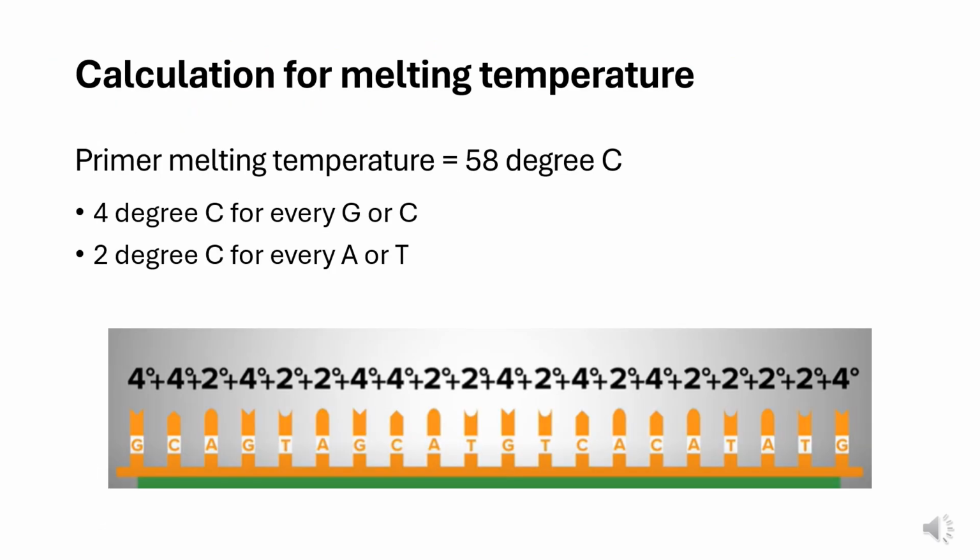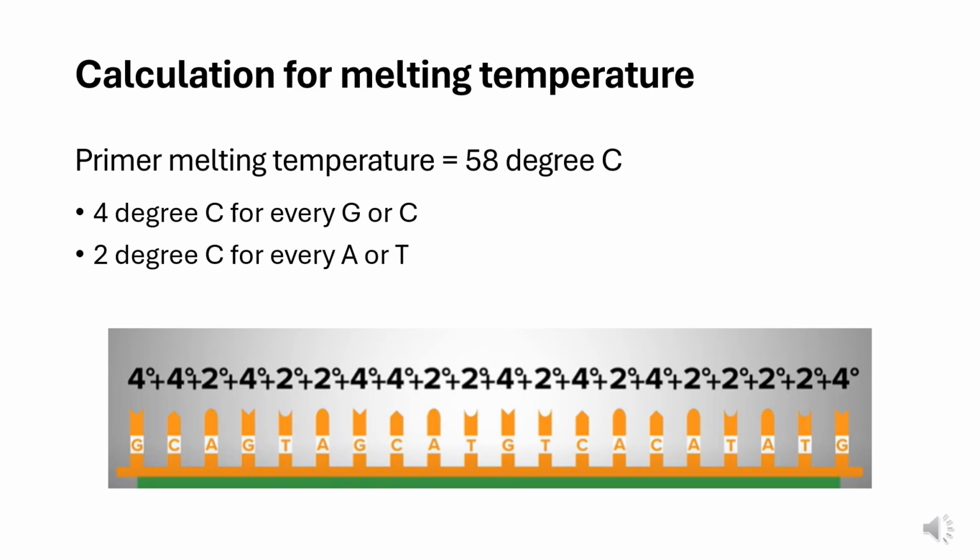Although there are many different tools or online software available to calculate the melting temperature, for manual calculation it is quite useful to understand a trick: 4 degrees centigrade for every G or C, and 2 degrees centigrade for every A or T. For example, here you can see the sequence, this is the primer design, where we have many G, C, A, T bases.